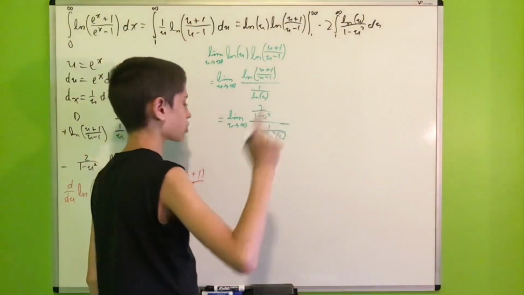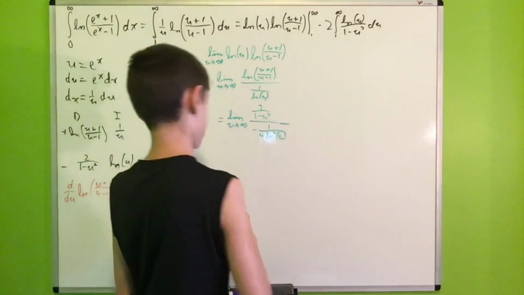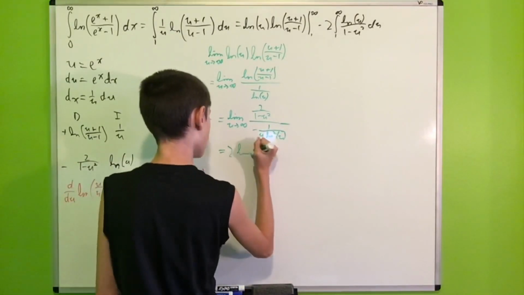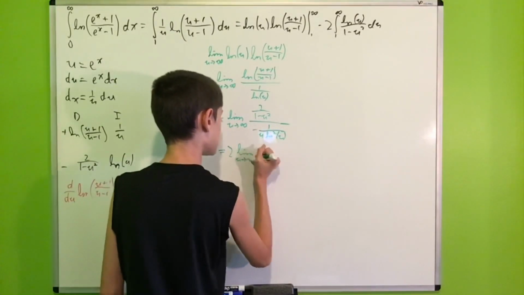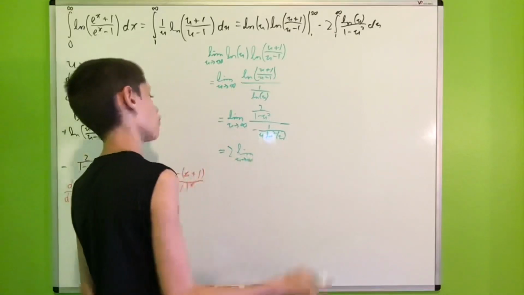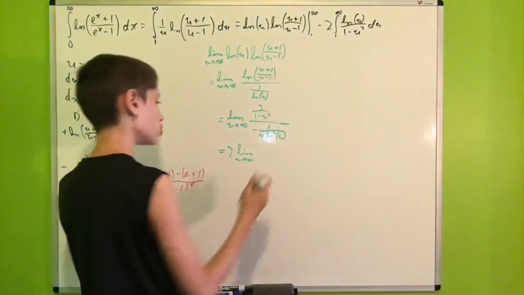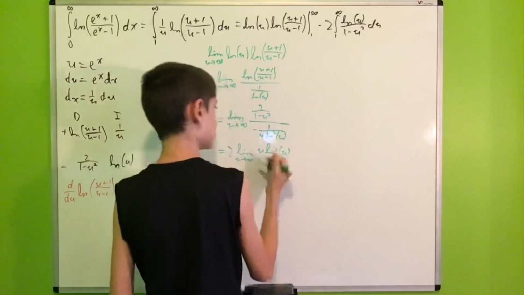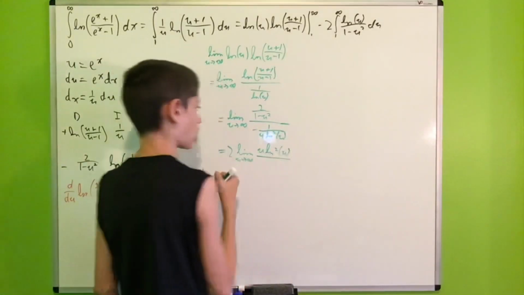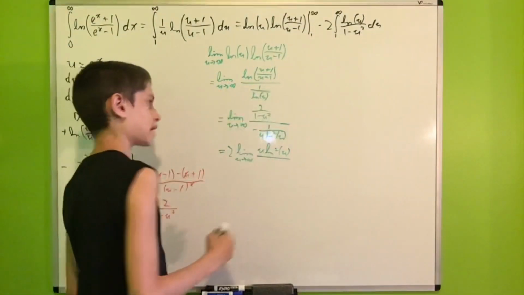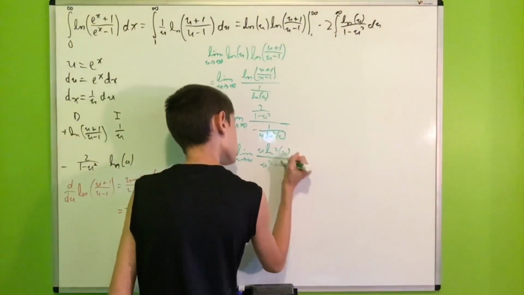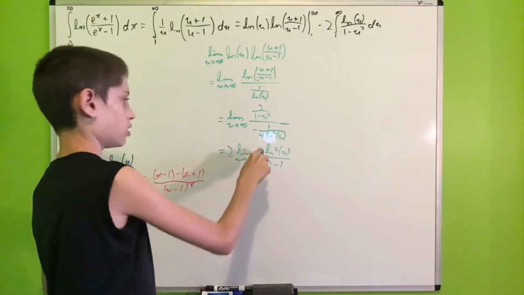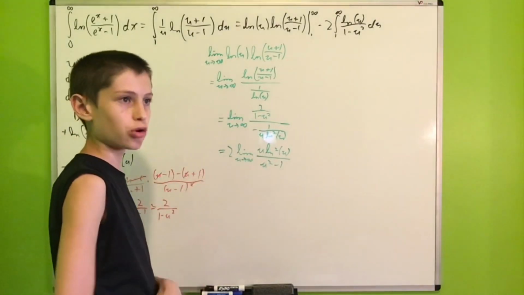And now just factor out the 2, so we get 2 times the limit as u goes to infinity of u natural log squared of u in the numerator, and in the denominator we can distribute the negative sign to get u squared minus 1. And now let's see. As u goes to infinity, u goes to infinity.